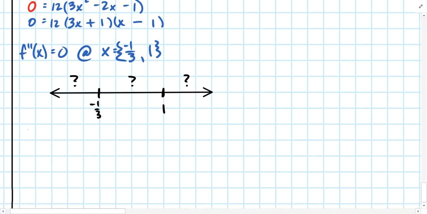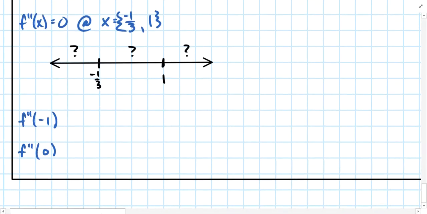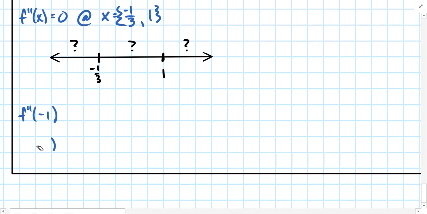So I might evaluate f double prime at, I don't know, negative 1. I might evaluate f double prime at 0 for this guy in between, and then I could evaluate f double prime at 2 as well. So f double prime at -1, at 0, and at 2.